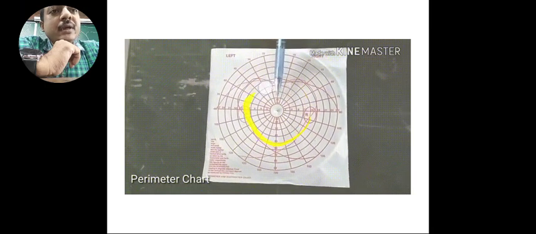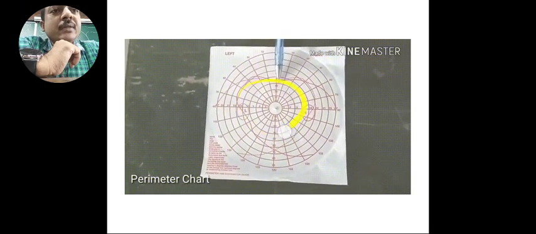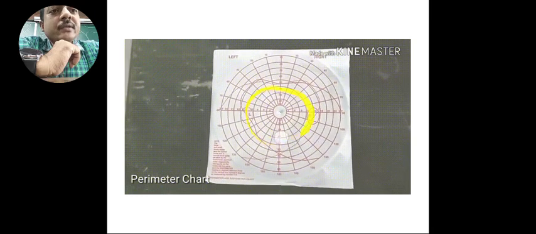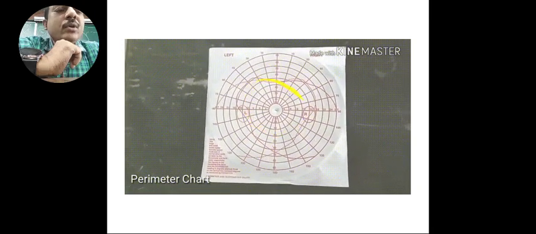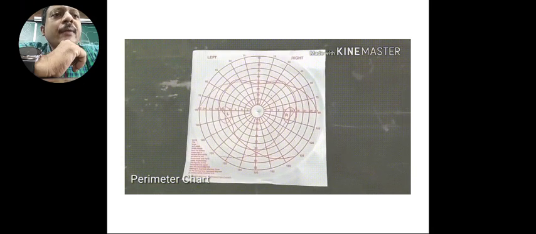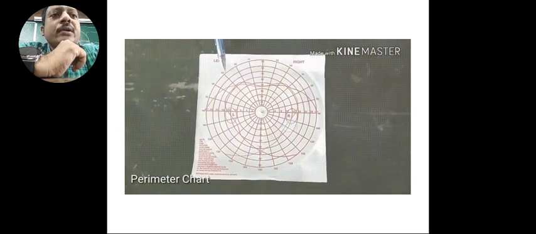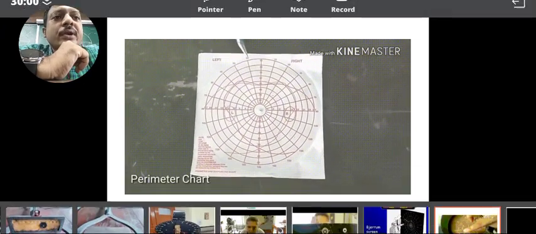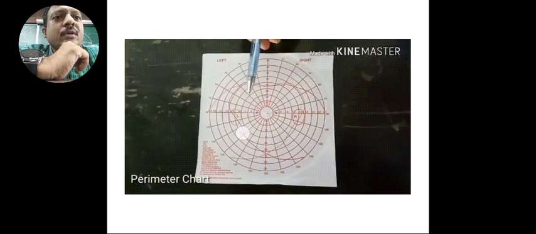This one is the binocular field of vision, that means the common visual field, the central circular area, common to both eyes. And this one is the blind spot, which is the area corresponding to the optic disc, where no perception of visual field occurs.